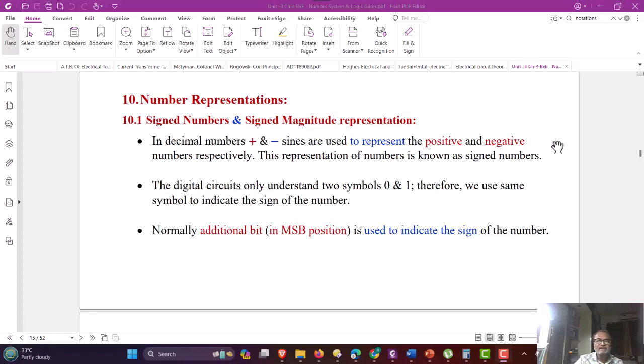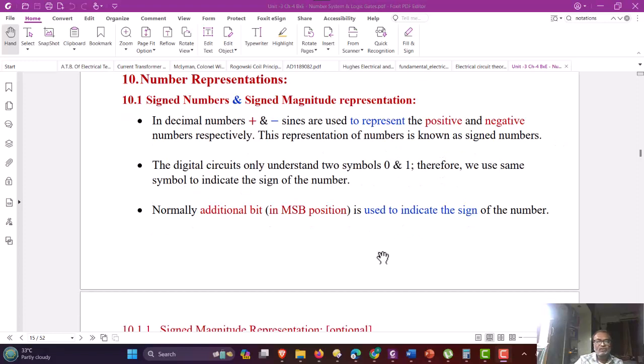Whereas in digital circuits there are only two symbols, 0 and 1. There is no plus and minus sign. Therefore, in digital electronics, for plus and minus indication, one MSB is attached to the number, and that bit indicates the sign.